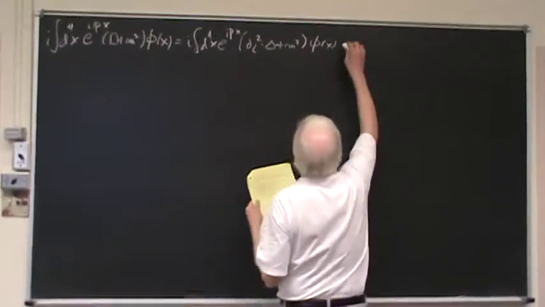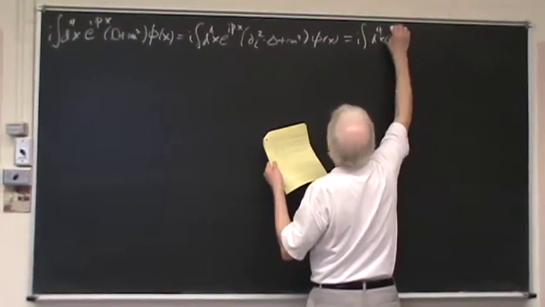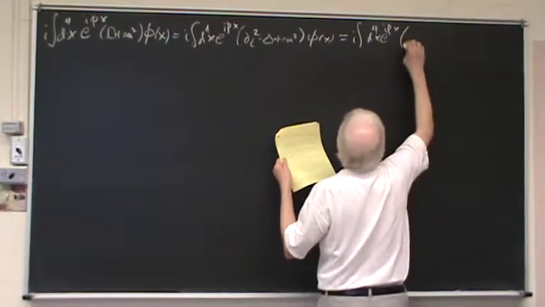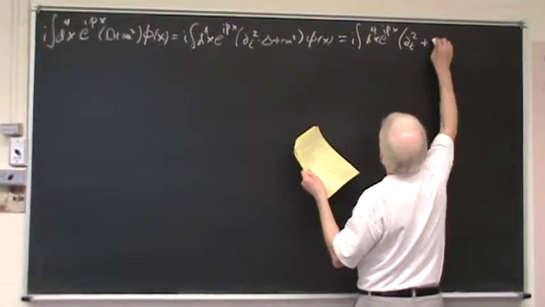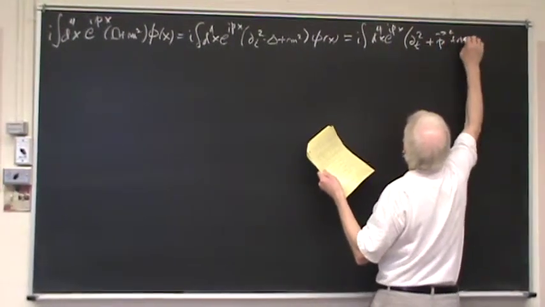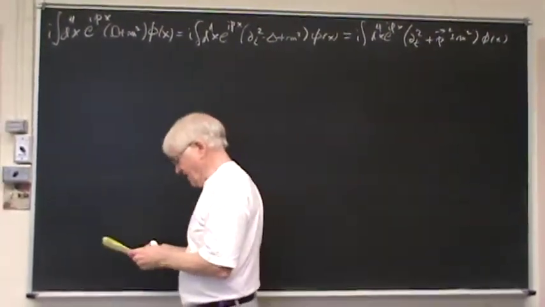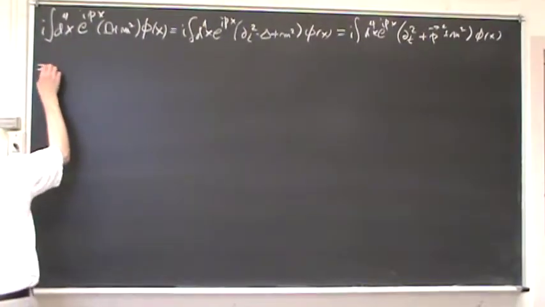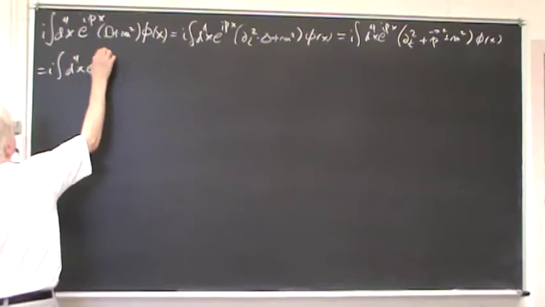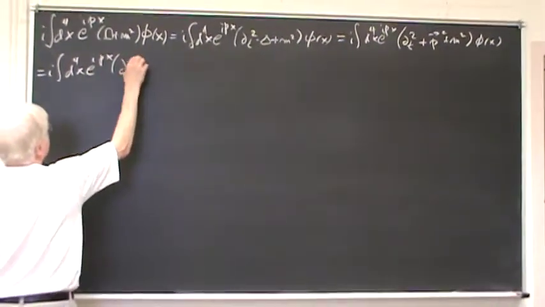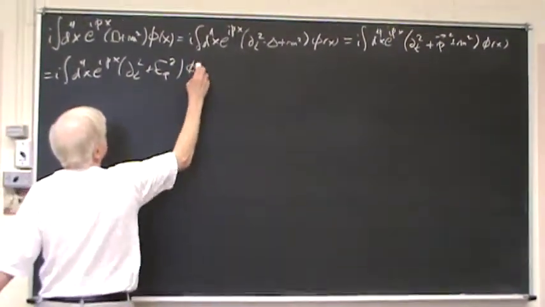So this is i integral d^4x e^{ipx}, d_t squared plus p squared plus m squared, phi of x. And of course, that's just Ep squared. So this is i integral d^4x e^{ipx}, d_t squared plus Ep squared, phi of x.